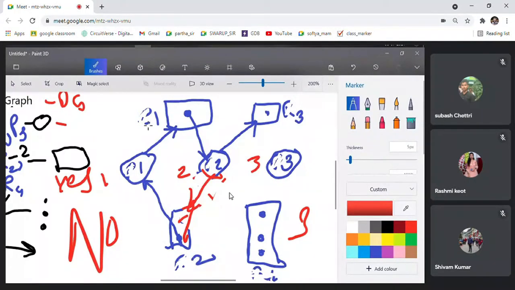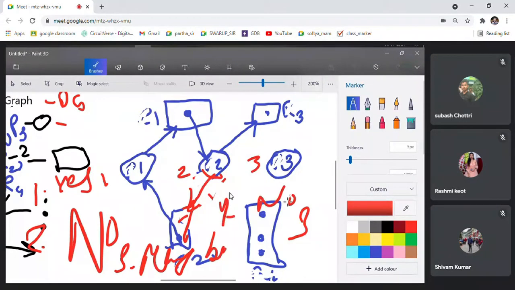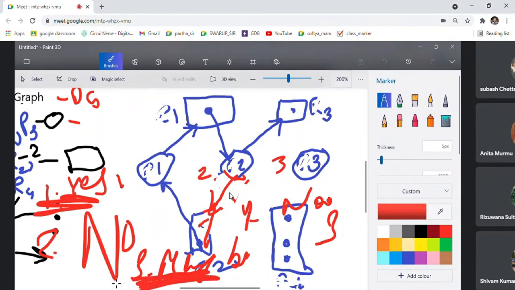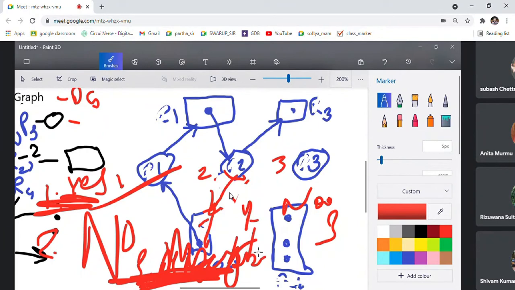If you're asked, can deadlock occur here, and your options are 1 yes, 2 no, 3 maybe, and 4 none or anything like that, then your answer should not be yes. A circular wait here does not guarantee deadlock will occur. If a circle is created here, that means deadlock may occur. So your answer should be maybe, deadlock will occur.